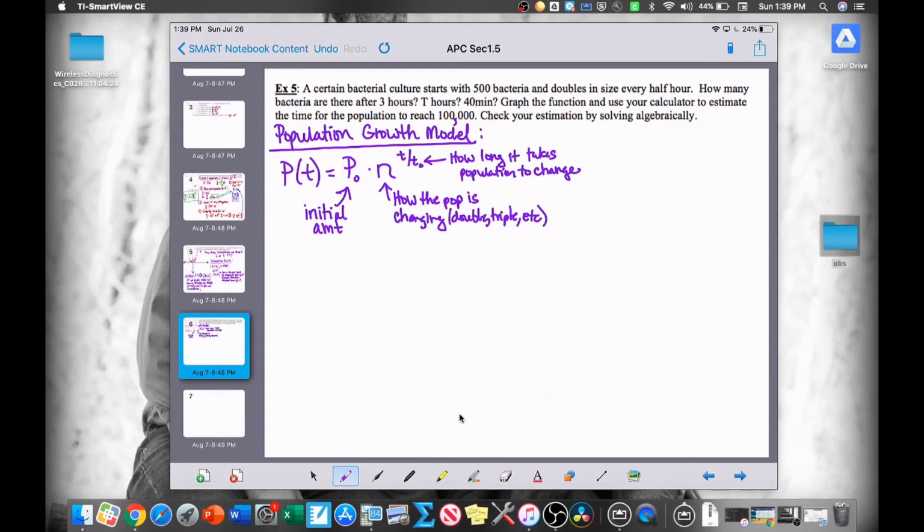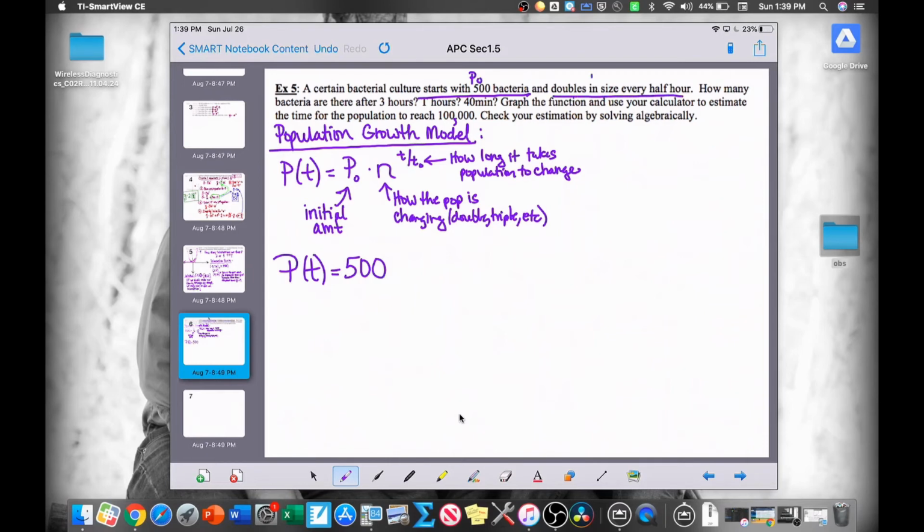Okay, so let's put this together in an equation for this particular situation. The population at any given time t is going to be equal to the initial population, which we were told starts with 500 bacteria. So that's my P naught, right? 500. And it says doubles in size.